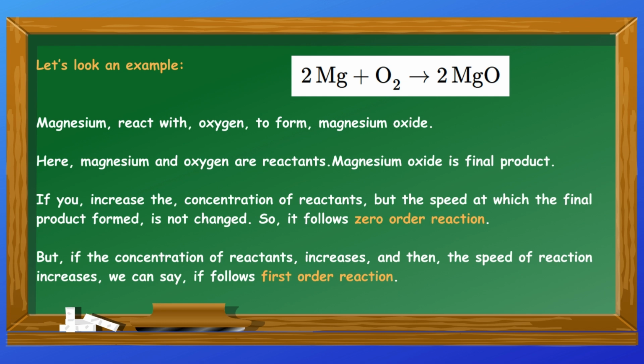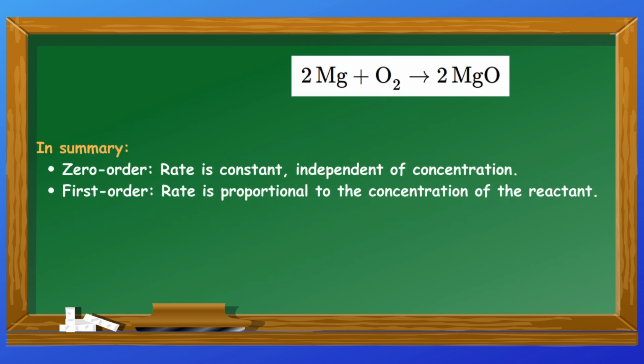But if the concentration of reactants increases and then the speed of reaction increases, we can say it follows first-order reaction. In summary, zero-order means rate is constant, independent of concentration. First order means rate is proportional to the concentration of the reactant.